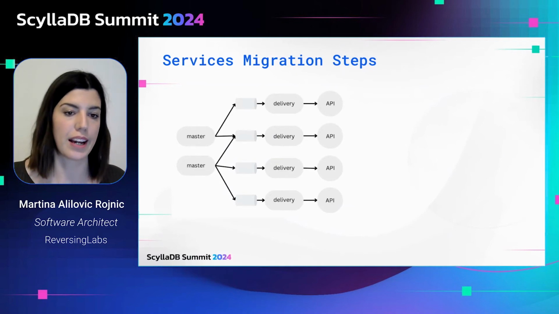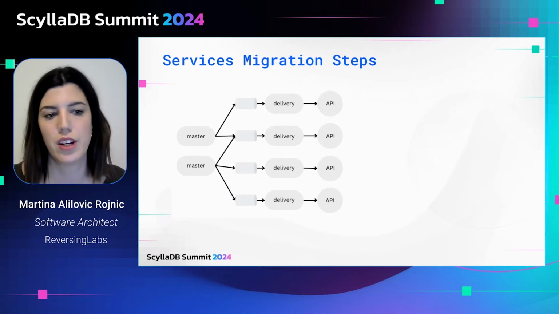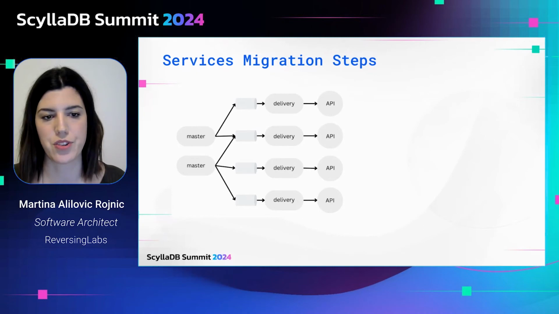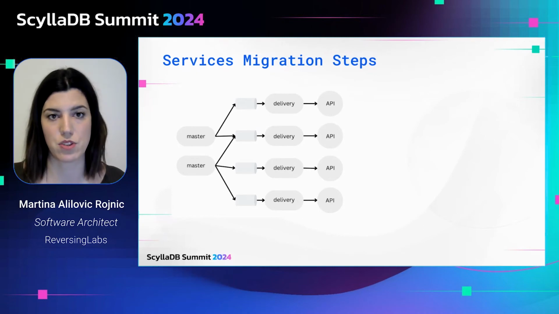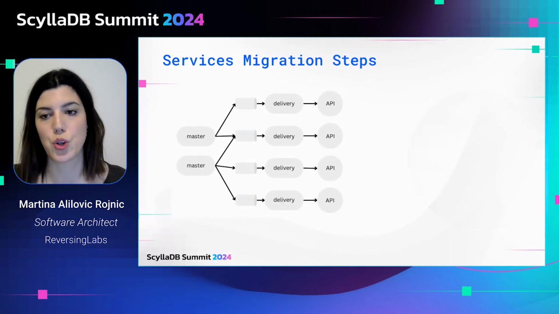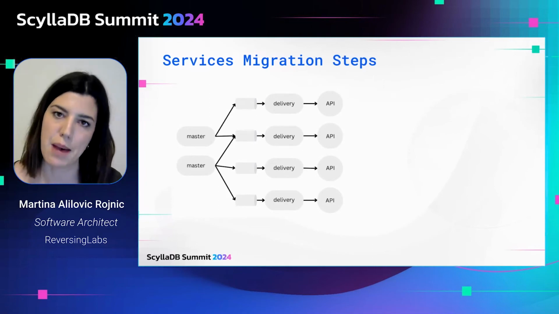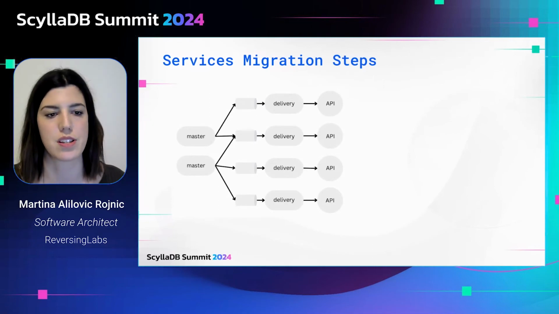So this is, again, a very simplified sketch, but just to introduce you to our system. We have these master services that are actually data generators. They are the ones listening to all the new reports from static analysis, from dynamic analysis, from different sources.